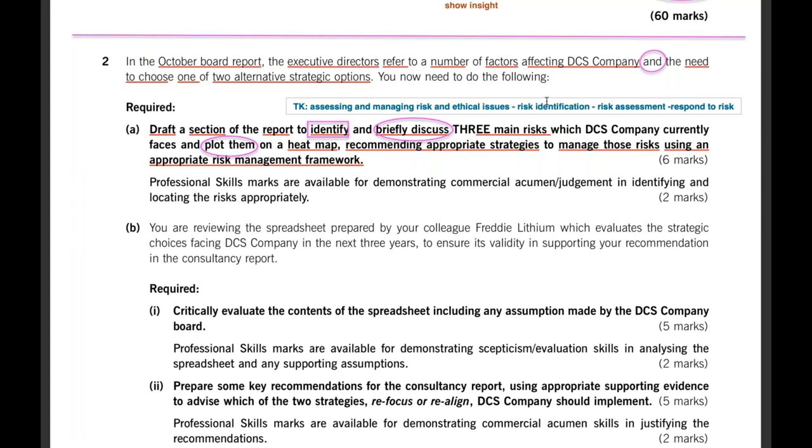So this is the syllabus area that you're looking at when you are answering this particular question.